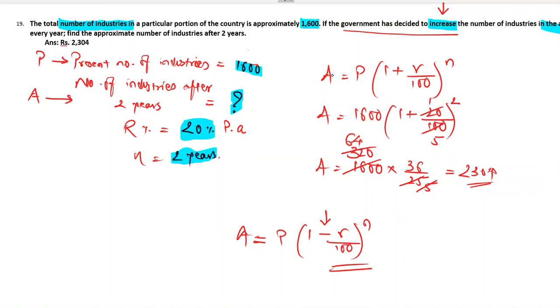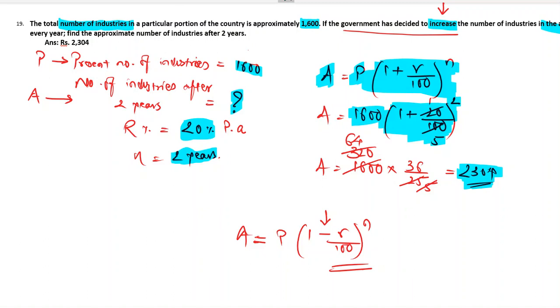We'll use the formula amount is equal to principal times (1 plus r upon 100) raised to n. That is 1600 times (1 plus 20 upon 100) raised to 2. Correct? That's the formula. So we solve this and we get the answer as 2304.